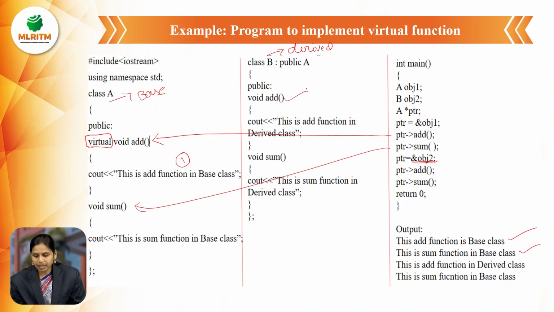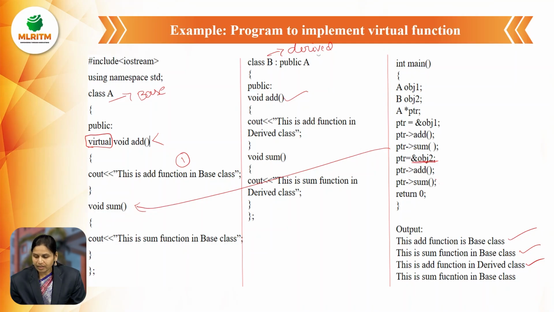If it is there, it executes that function. This is add function in derived class. Here we get the derived class add function output.